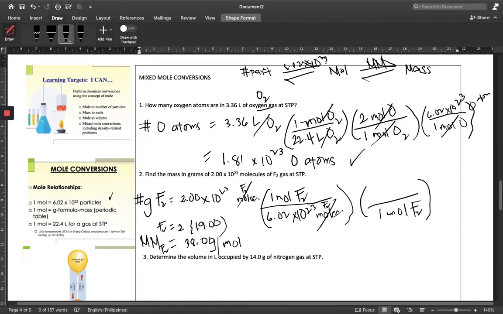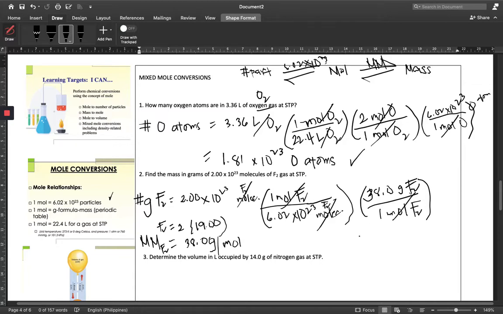And then we have placed already 1 mole F2 here, so the numerator should be grams. So this is 38.0 grams of F2. Now we can cancel moles of F2.